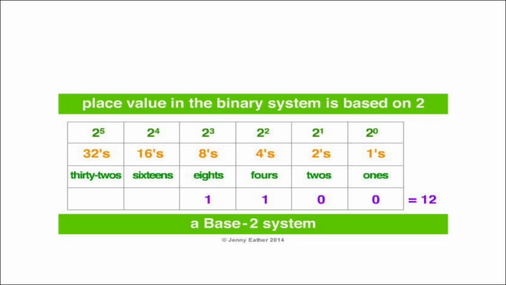Multiply it with the base power 0, then the next digit with base power 1, then the next digit with base square, and so on, and add up all these products. You will get the final result in the decimal system.